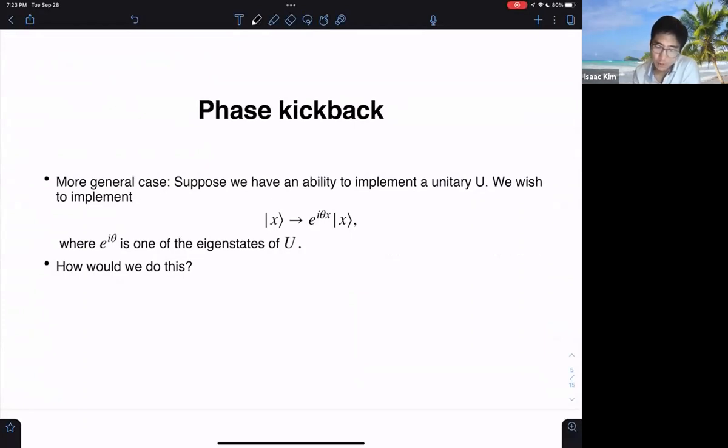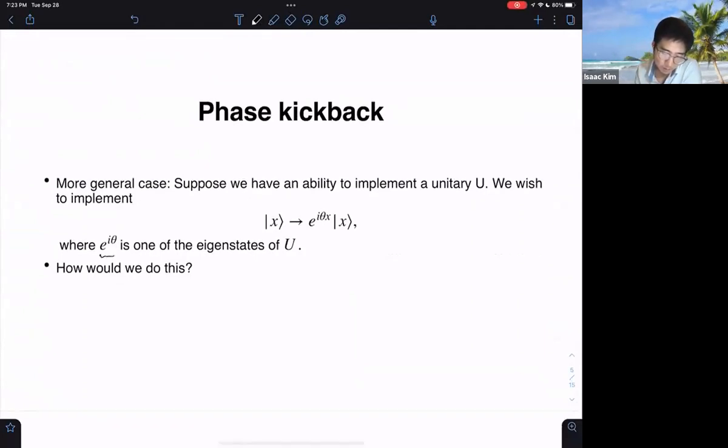So suppose we have an ability to implement some unitary U, and let's say one of its eigenstates has an eigenvalue of e^{iθ}. Then we want to implement this operation. So how do we do that?